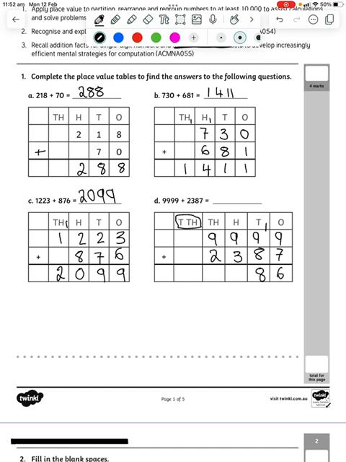Put down that second number, carry the 1. 9 plus 3 is 12, plus the 1 is 13. Put down that second number, carry the 1. 9 plus 2 is 11, plus that 1 is 12. Put down that number, carry the 1, and then that just leaves 1. So we'll have the answer of 12,386. You don't need to put this comma in. You can if it helps you though. So it helps me. That's why I put it in.